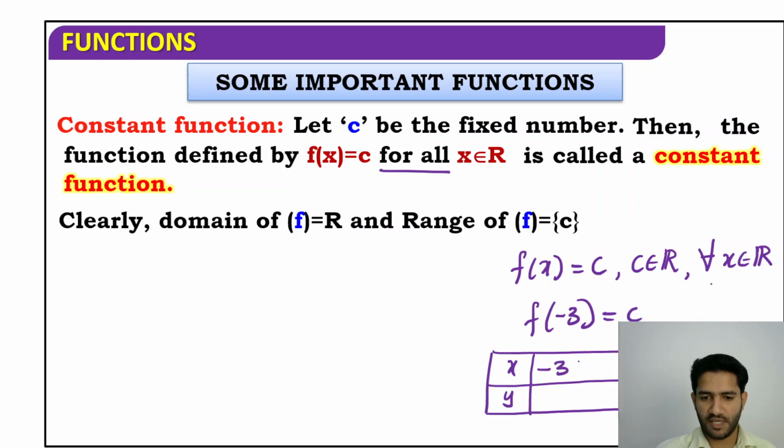Mostly we consider minus 3 to 3: minus 2, minus 1, 0, 1, 2 and 3. So what is the function value? Here the function is a constant function, so in any case we'll get C, C, C, C, because this is independent of x. Whatever the value of x, the function value will be C.